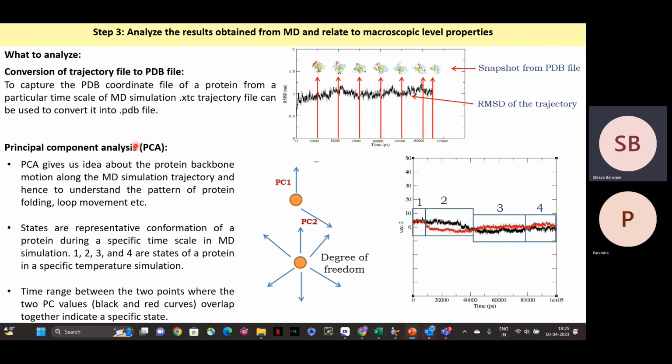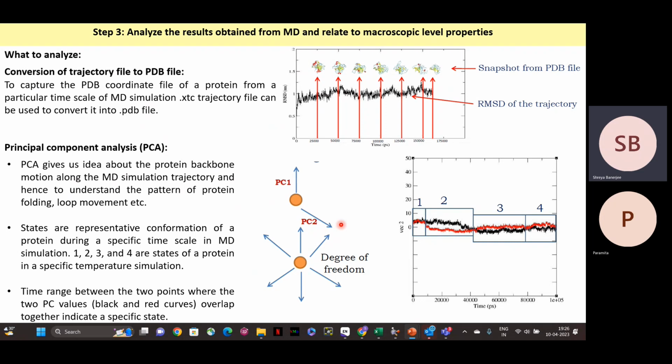The other thing is principal component analysis, or PCA. PCA gives us an idea about the protein backbone motion along the MD simulation trajectory, to understand the pattern of protein folding, loop movements, etc. What principal component basically means is the degrees of freedom in which the protein molecule can move. By studying these degrees of freedom, the motion of the protein molecule can be mapped.